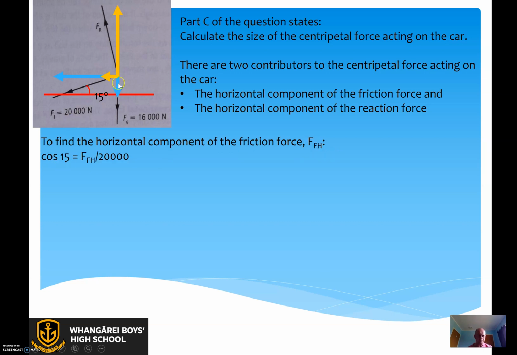Cos 15. If we look at this angle in here, that's 15 degrees. There's that horizontal component divided by 20,000. So we can say that the FFH is 20,000 cos 15. Cos 15 is that from before. And we get 19,319 newtons. We don't round it yet because we're not finished.